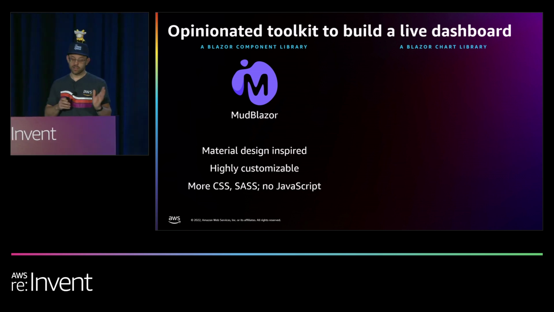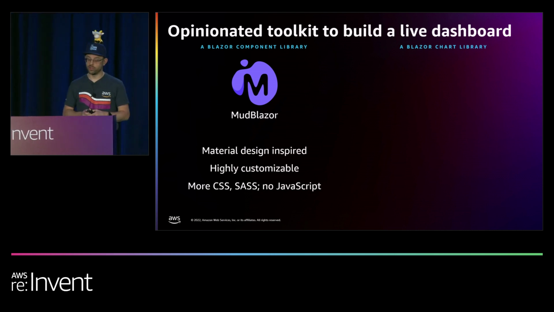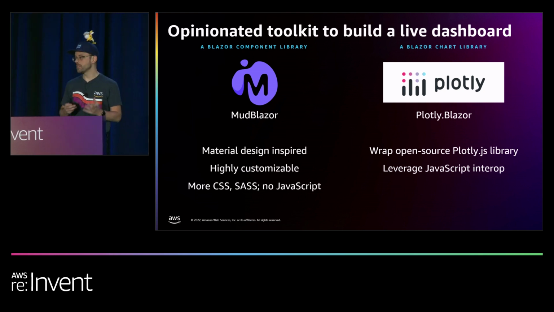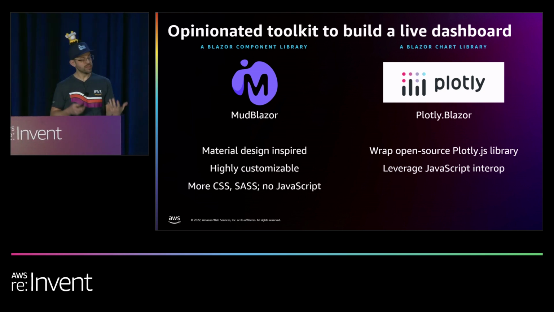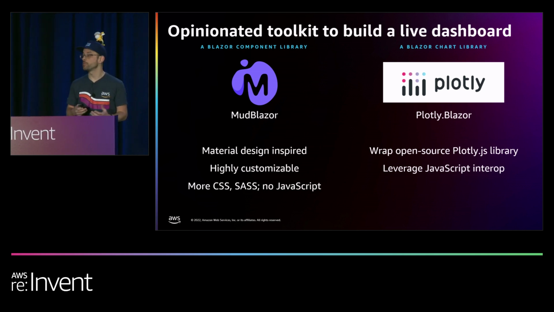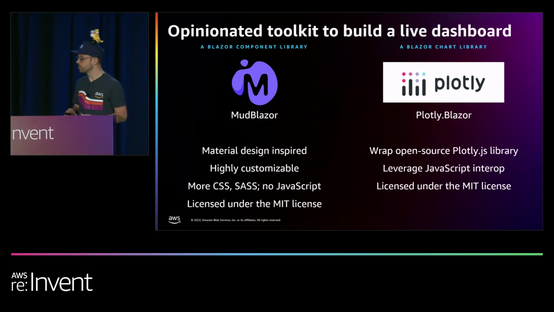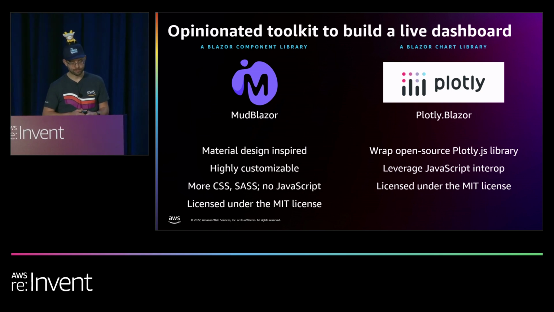But to be honest, their component library is awesome, but their chart components are still behind JavaScript chart libraries like Plotly.js. So for charts, we've used Plotly.Blazor. It's a Blazor component library that wraps Plotly.js for us and already takes care of the JavaScript interop. So both libraries are licensed under the MIT license.